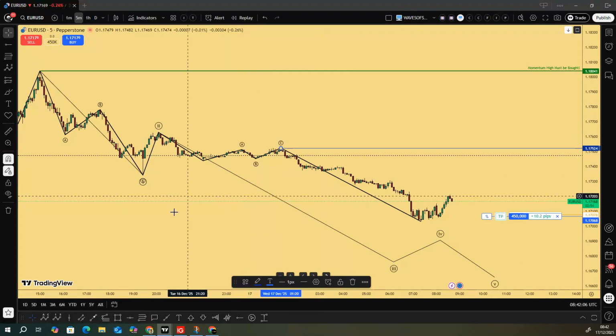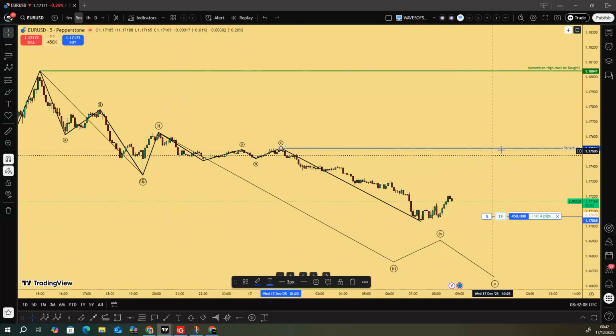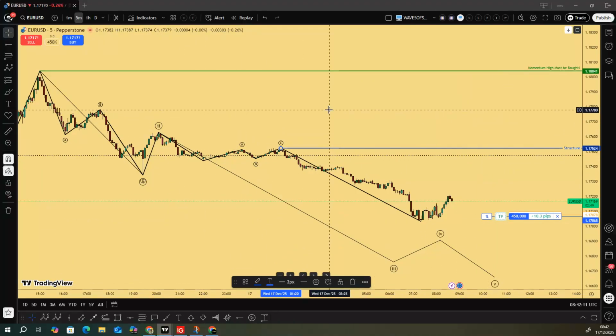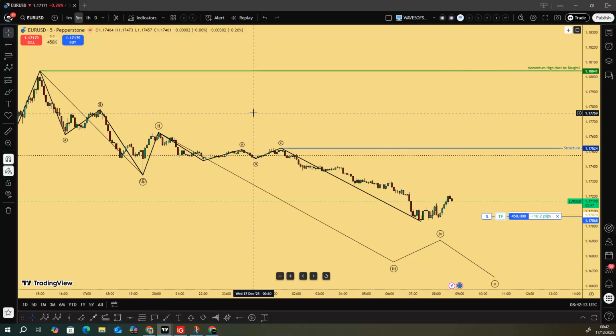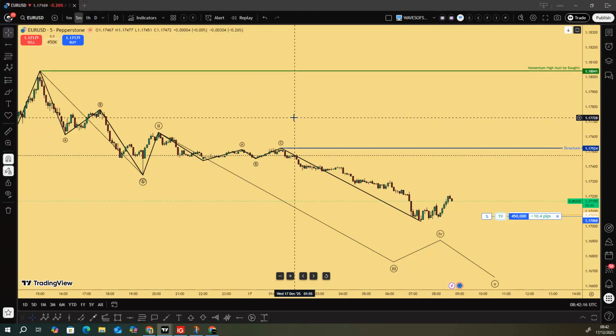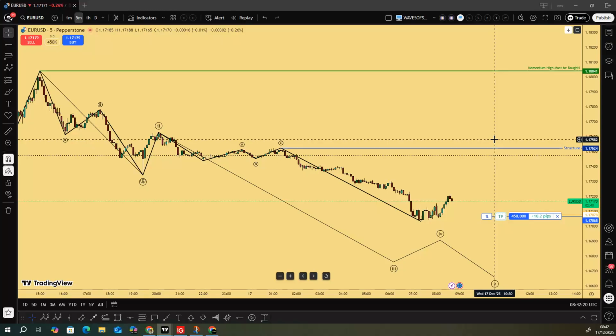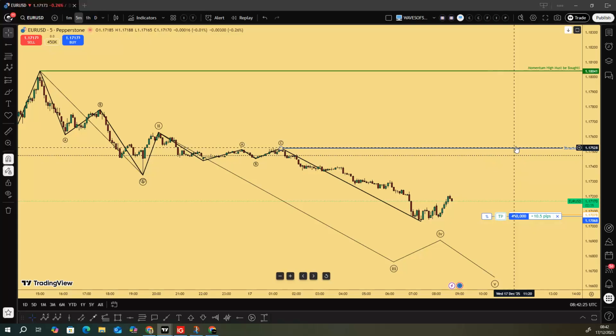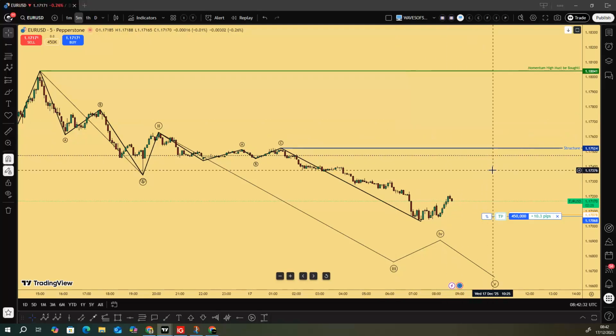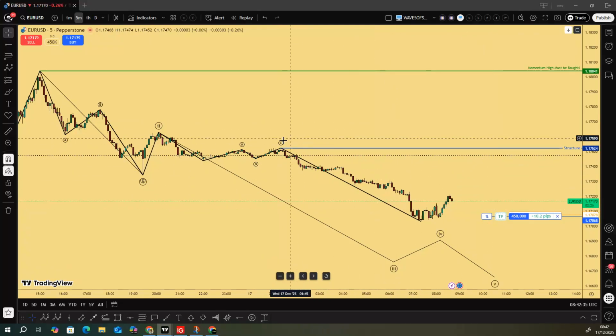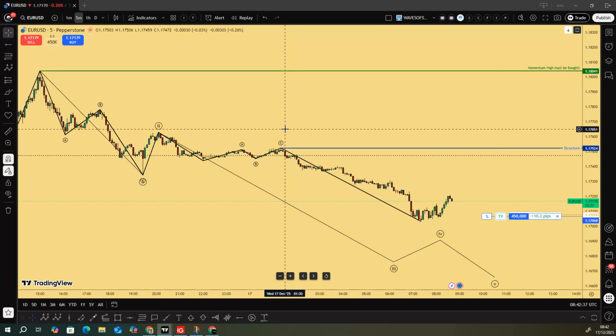This is the structure, okay, and these structures are very helpful because they help us to know where we are. If price breaks this structure and stays above the structure, then you have to think of buying. If price breaks the structure and fails below the structure, those are major moves, because this is the reset point, or you call this change point.